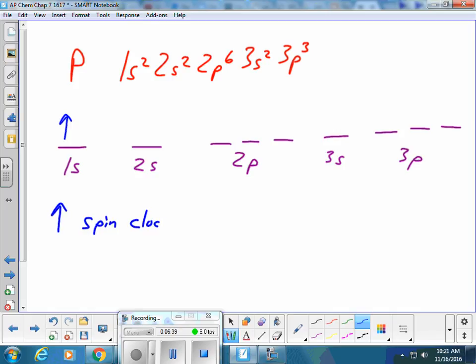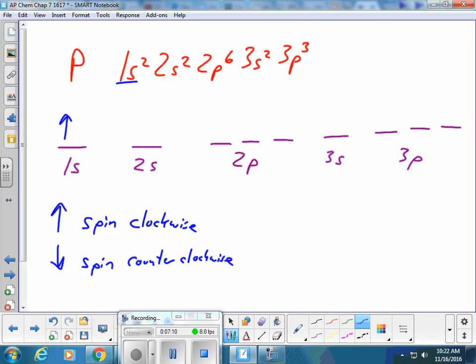Scientists don't actually believe that the electrons are spinning, and don't really believe that if they are spinning, they're going clockwise, but that's the notation that they use. So if an arrow is going down, then we say that the electron has a spin in the counterclockwise direction. So our 1s subshell can hold 2 electrons, so we'll have an up arrow and we'll have a down arrow.